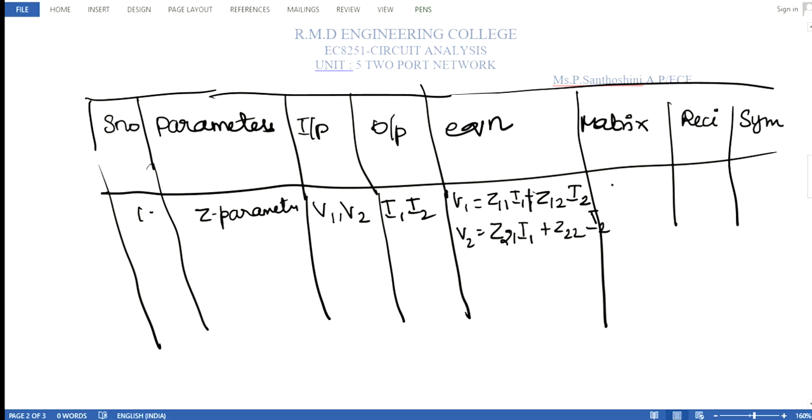And the matrix format: Z is the matrix of Z11, Z12, Z21, Z22.